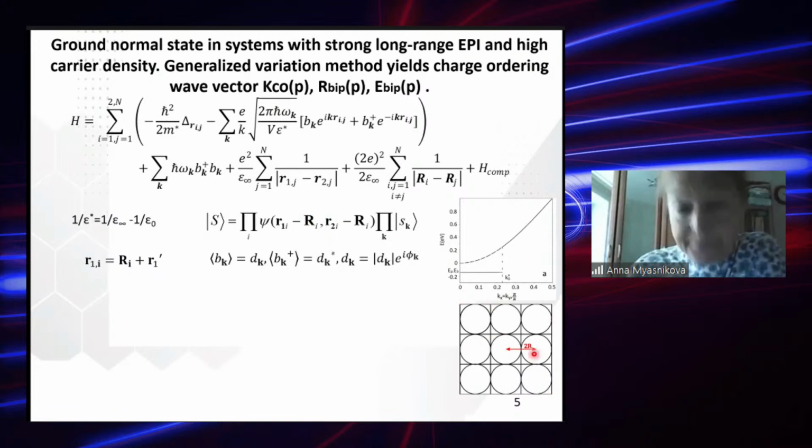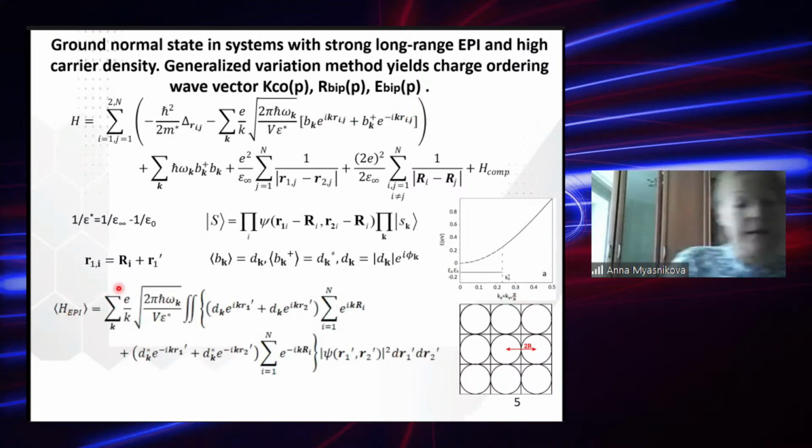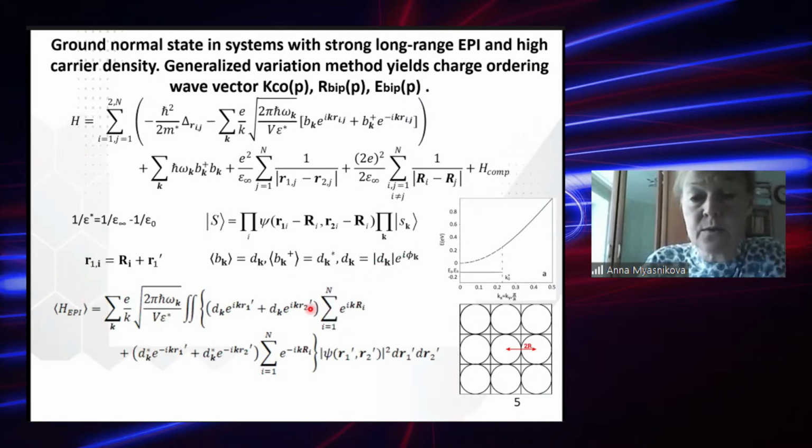Then, if we extract the radius vectors of carriers, we obtain for the average of the electron-phonon interaction such sums.